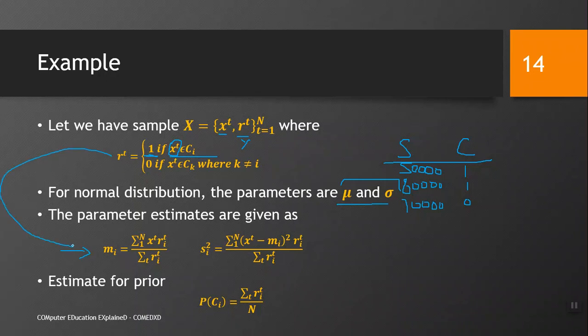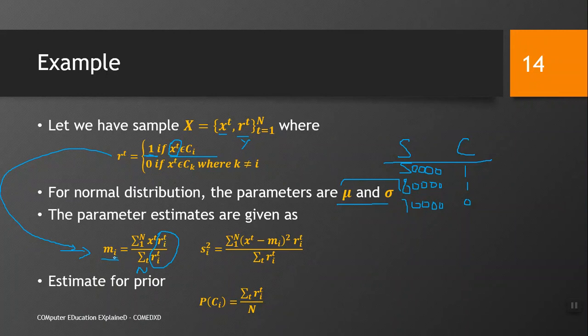The sample mean is given as, previously we did not have these in our formula, we just had n in the denominator. But now, as we are working with multi-class classification, we will get the sample mean for each class.